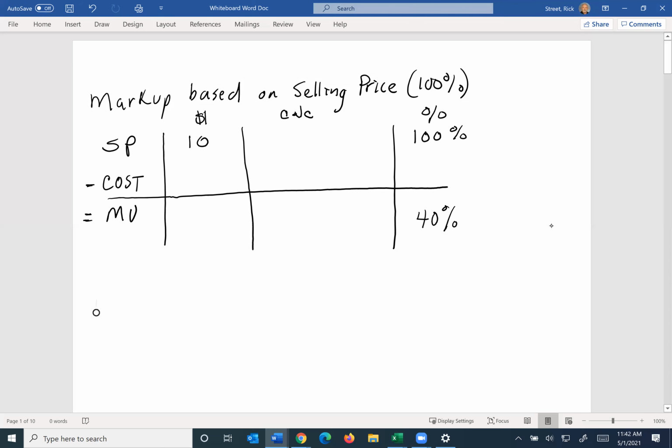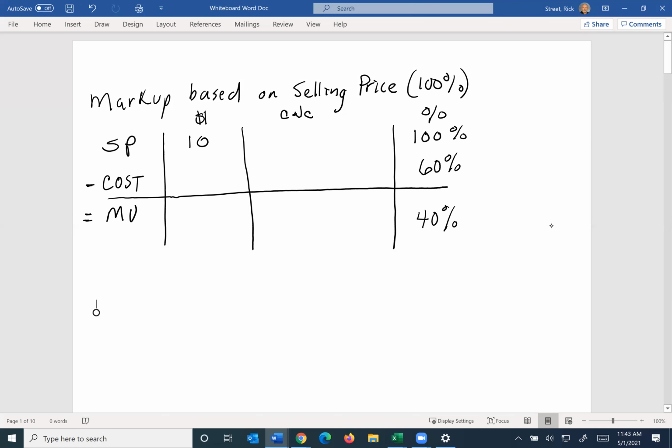Well, the first thing that I do is I set up the problem. I complete the percentage column first because oftentimes you're going to know what you want for a markup. You're going to know what the price is and that's going to be 100%. So if I want a 40% markup on my price, that means my cost is 60%.